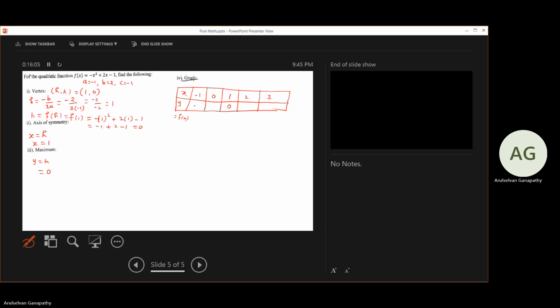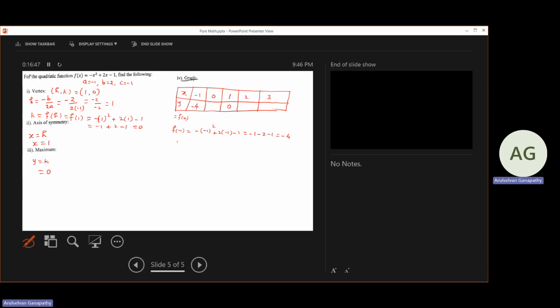Let's write it. When we put -1 in this, what we get? F of -1: -1 square plus 2 times -1 minus 1. So what is that again? -1 minus 2 minus 1, that is -4. I'm sorry, it is for this -1. And when we put 0 in f, what we get?